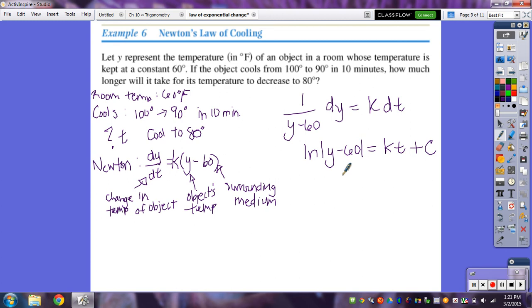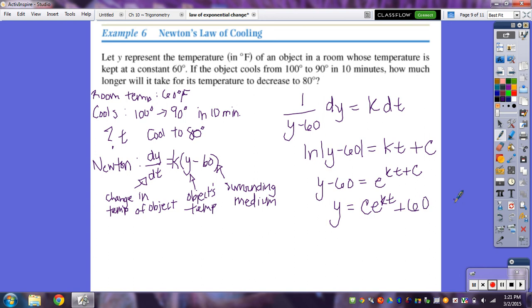Raising both sides as an exponent of e, the natural log would eliminate, and I'd be able to drop these absolute value bars. So y minus 60 equals e to the kt plus c, and we know that this c moves to in front of the e, and if I add 60 to both sides, I have y equals c times e to the kt plus 60.